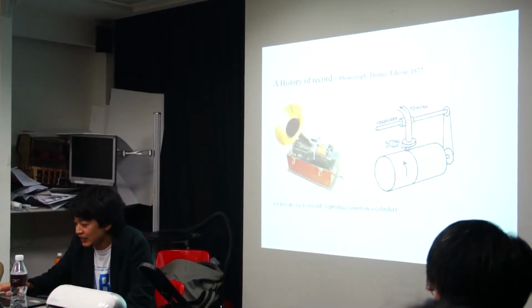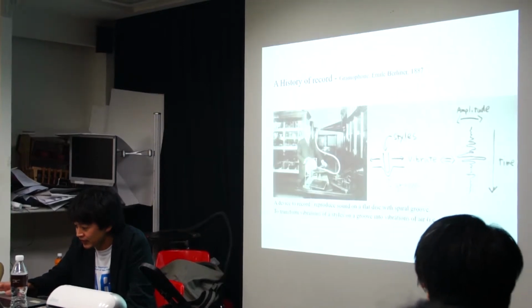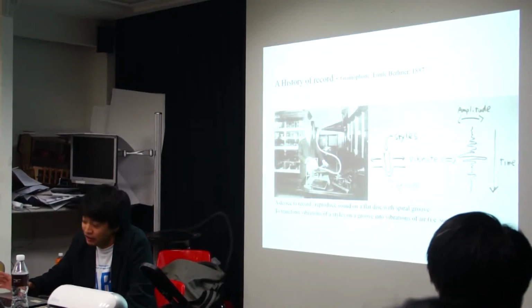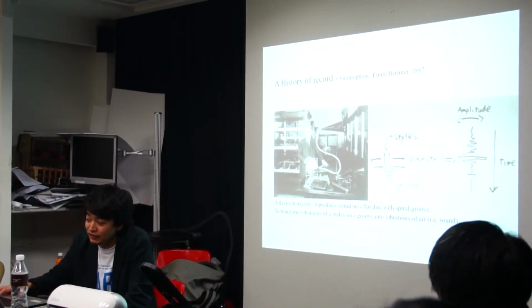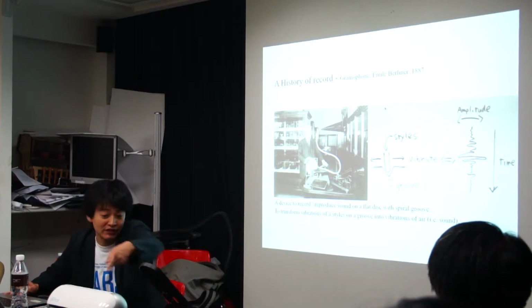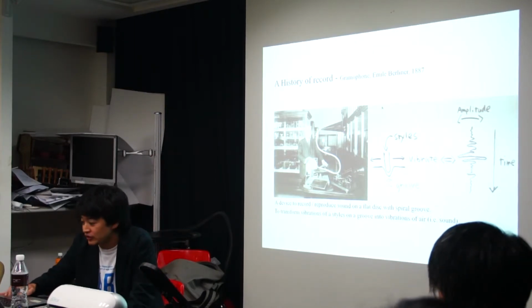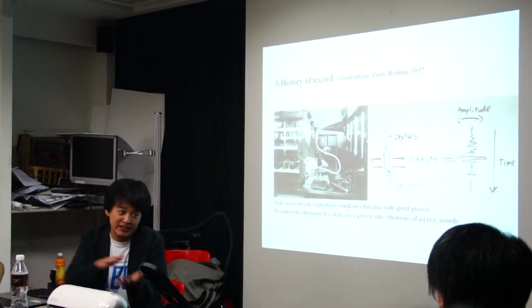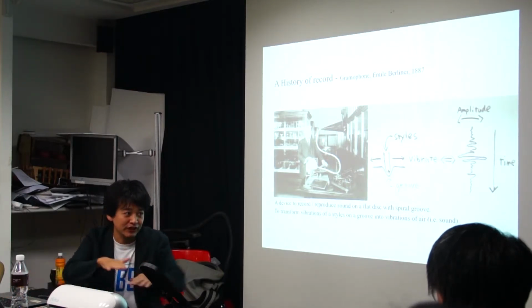For that problem, another guy, Emil Berliner, invented the gramophone. It's almost the same as the current record. Instead of the cylinder, he decided to use the flat surface and put the sound in a horizontal way. With this technique, you could easily make a cast from the original.